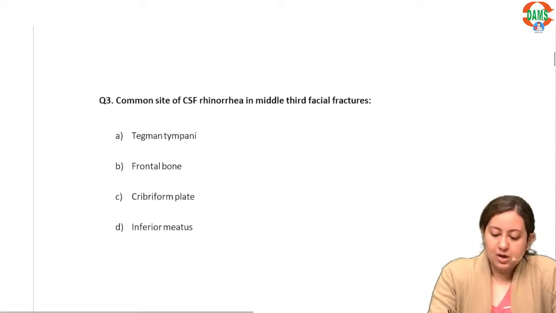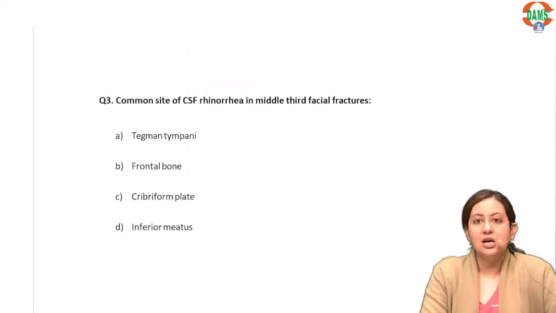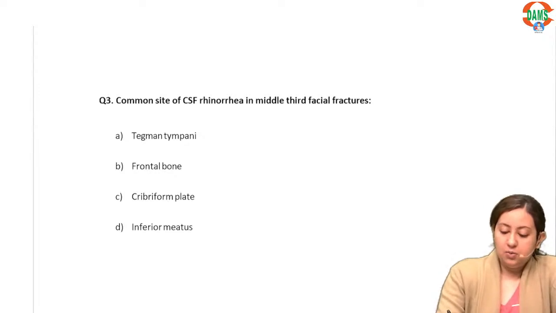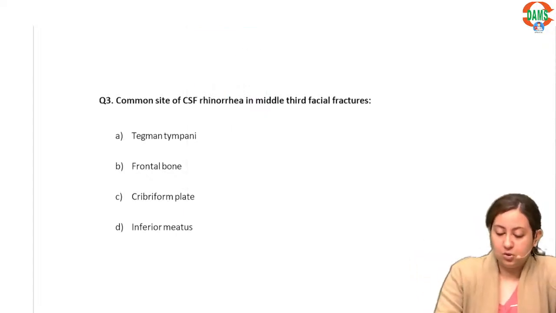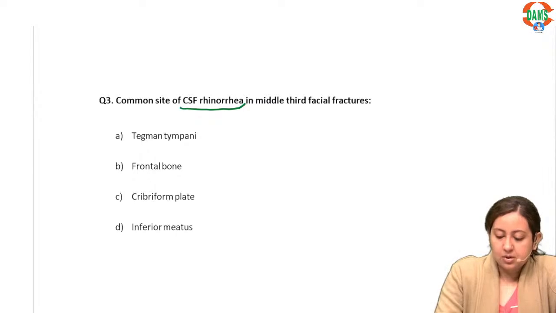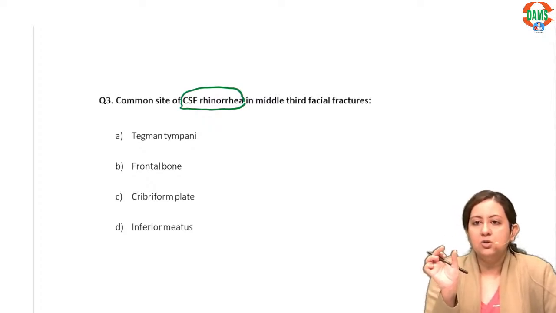Now coming to question number 3. The question asks, common site of CSF rhinorrhea in middle third facial fractures. Please understand that there can be another version of this question. Right now the question is asking you particularly about CSF rhinorrhea.